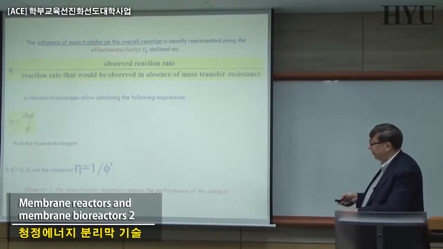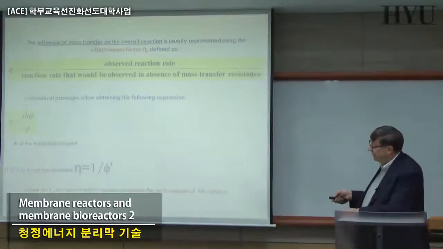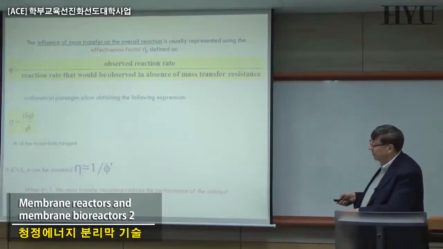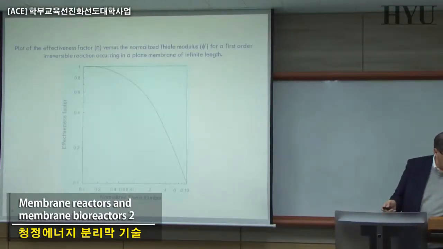And that is the kind of situation that you can normally define, and depending on the value of this Thiele modulus, you can have different levels of effectiveness. For example, for phi higher than 3, you can assume that the effect is quite significant, approaching 1/phi. But that is just what the experimental results will give you.